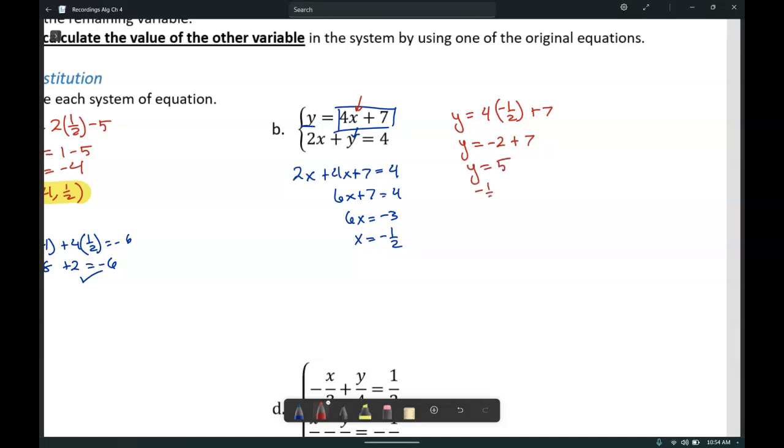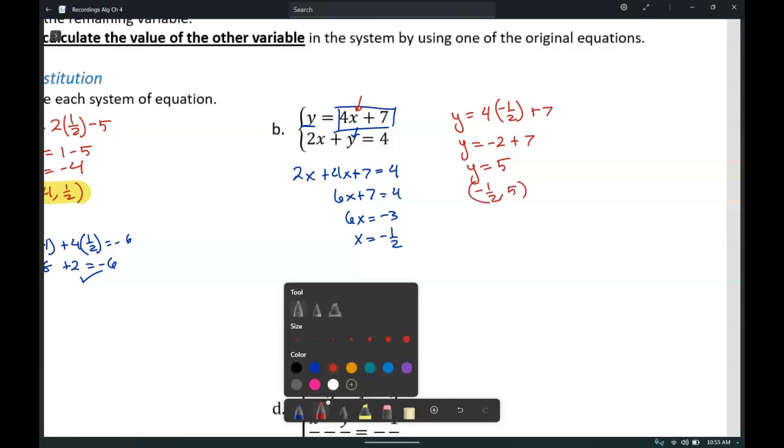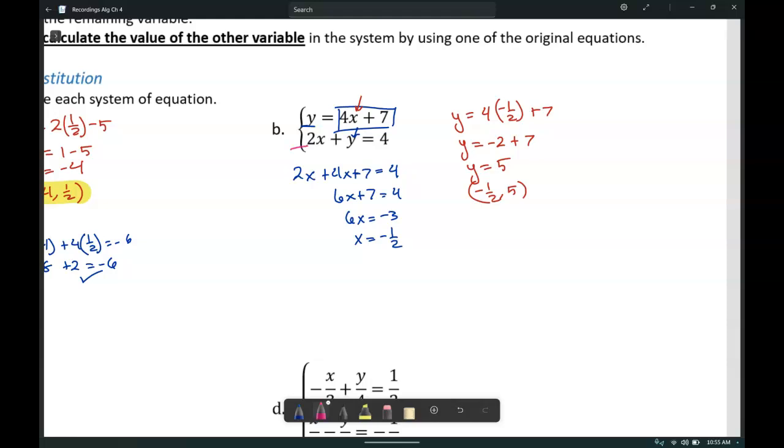So we get our solution, -1/2, 5. And just to make sure that it works, we can go ahead and substitute into the second equation and make sure that we have a true statement for both. And we do, so we know that our solution is accurate.